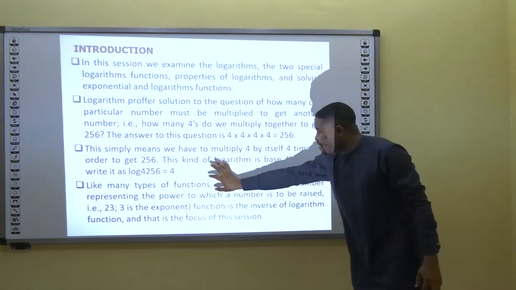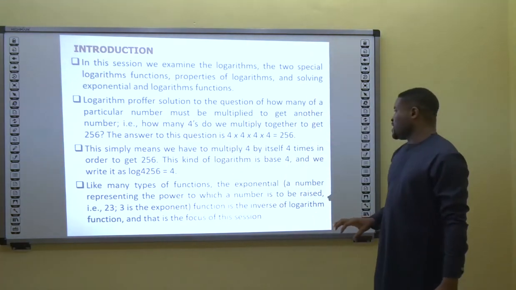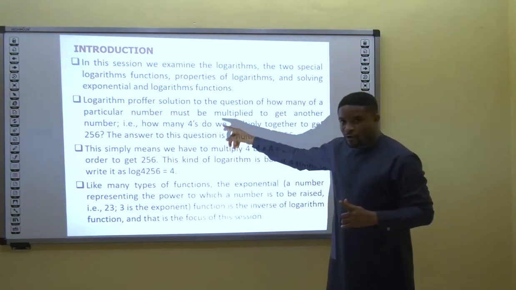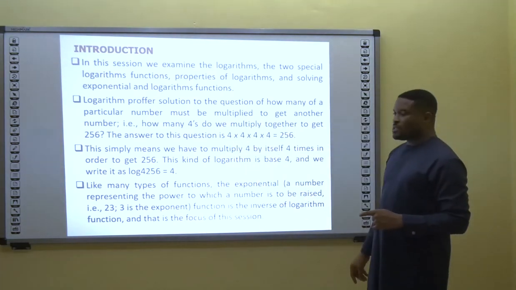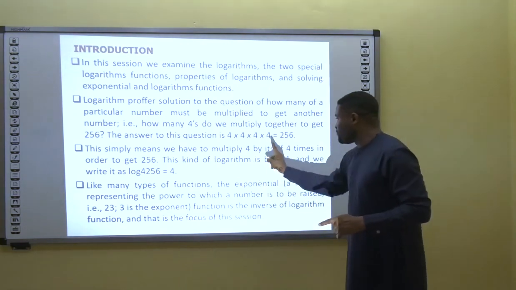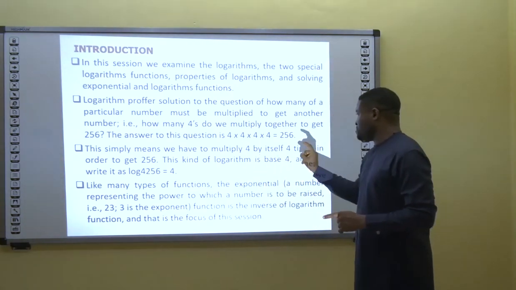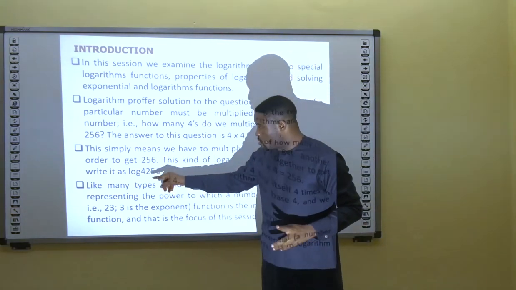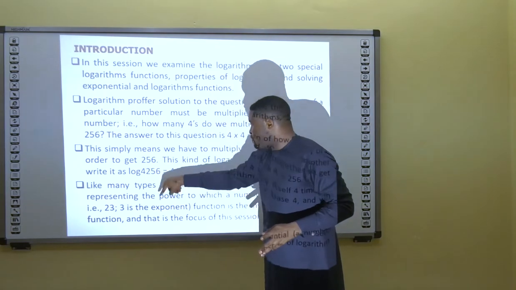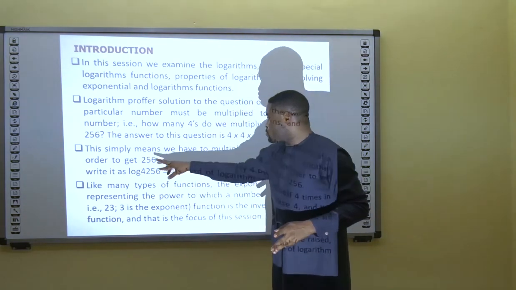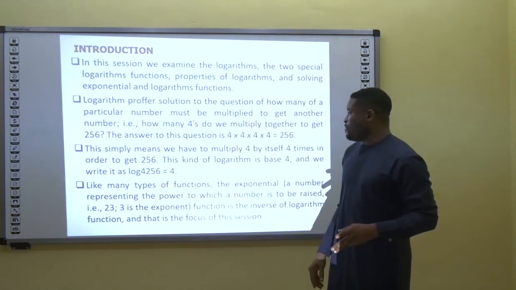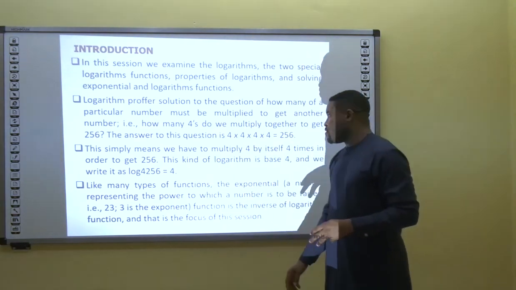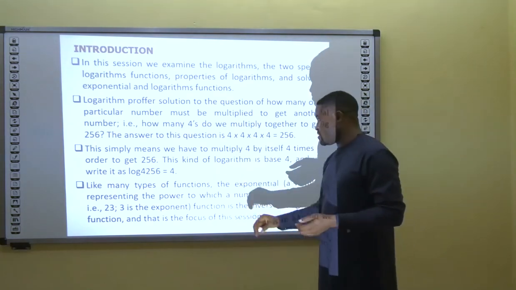So this kind of logarithm is base 4, because 4 multiplied by itself 4 times arrives at 256. So the logarithm of this is base 4, which when you use your calculator to take the log base 4 of 256, you have 4. So when you punch that in the calculator, you get the same answer.